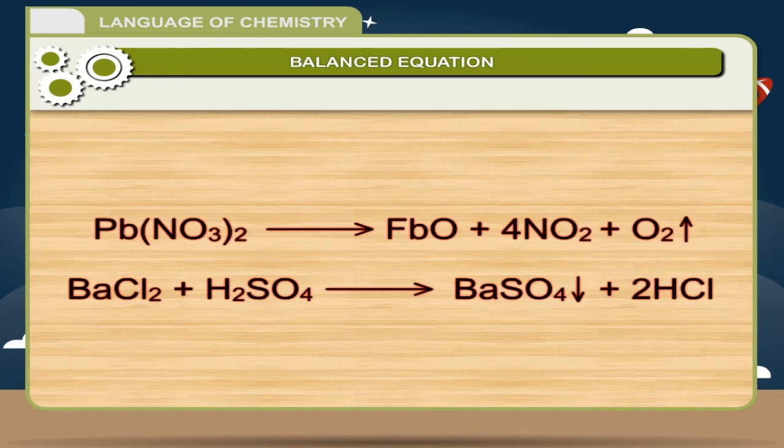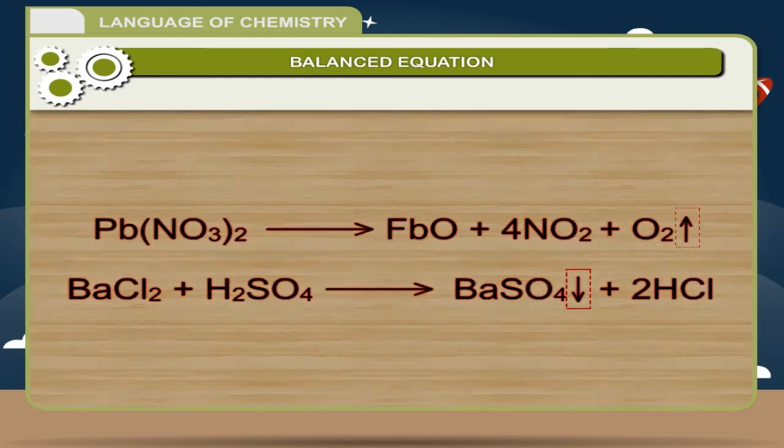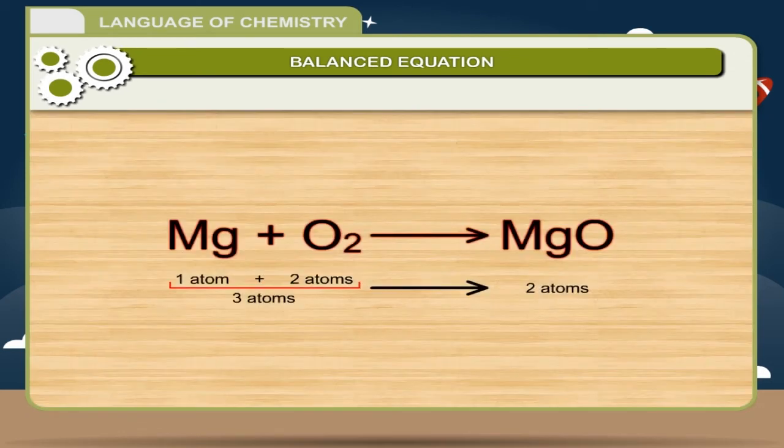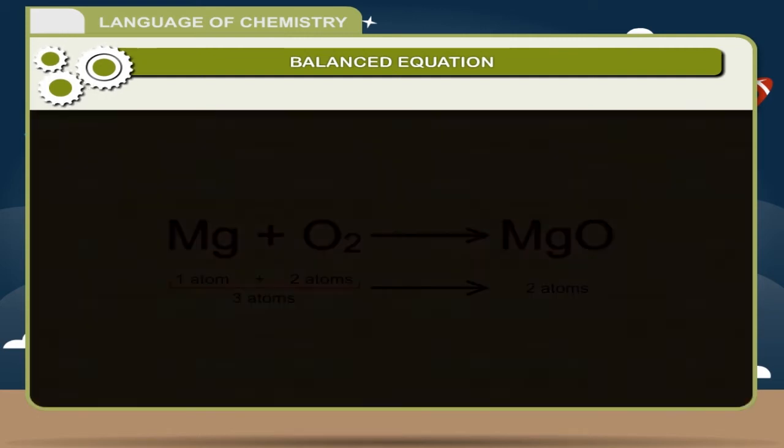Any gas evolved in a reaction is shown by an arrow pointing upwards, and the precipitate formed is shown by an arrow pointing downwards. While balancing an equation, we can only alter the number of molecules participating in the process, but cannot change the number of atoms of an element present in a molecule.